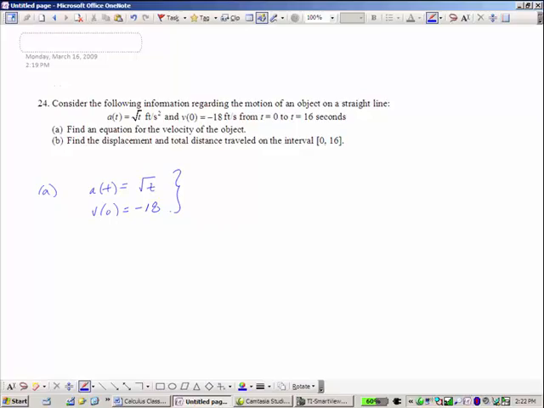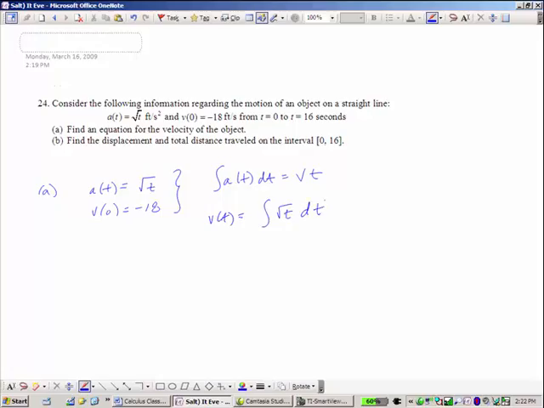All right, Gabby. Can you start us off? Oh, it's V of 0. Are you sure? Well, look, we did say this. We know that the antiderivative of acceleration is equal to velocity. So the antiderivative of root t dt.